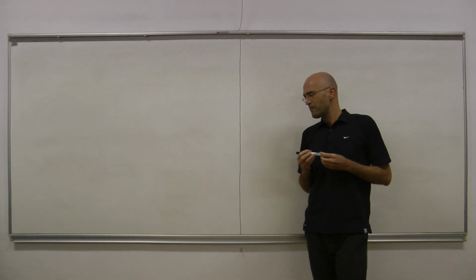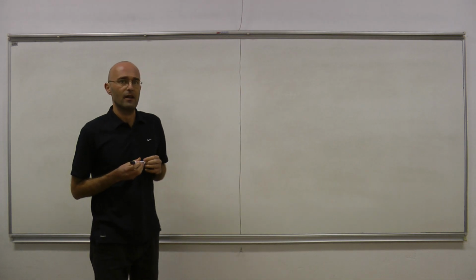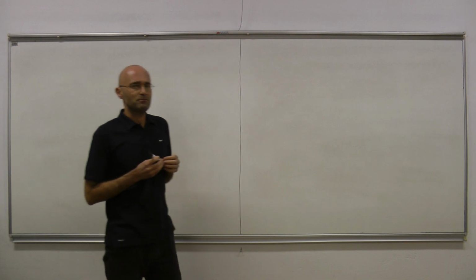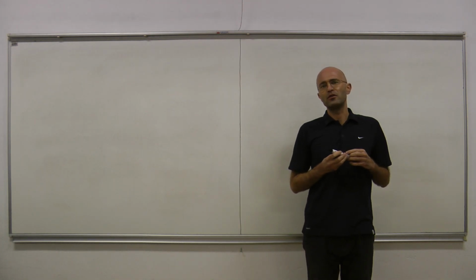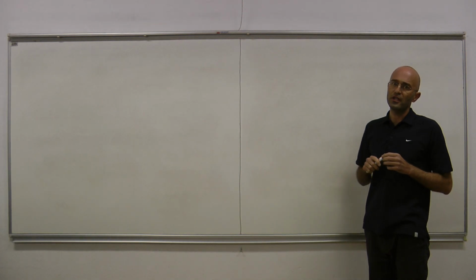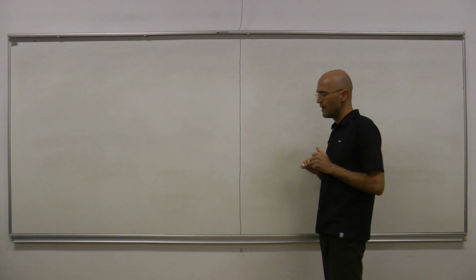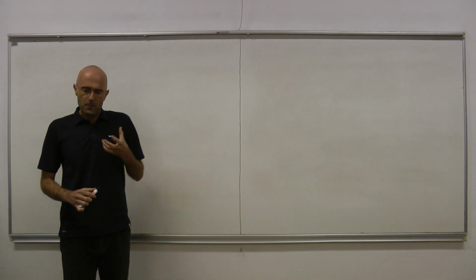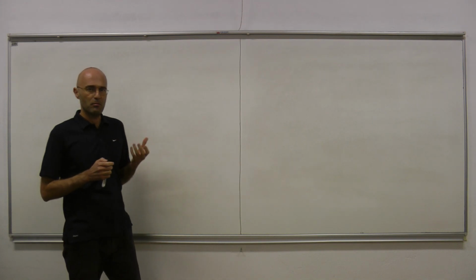Okay? But then we talked about the pendulum, and there we saw that we don't actually have to know the explicit solution in order to be able to check that epsilon delta condition. Okay, what we did there was we studied the total energy of the pendulum, which is a positive function.